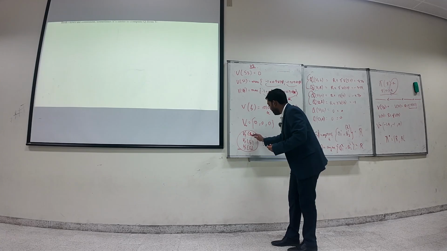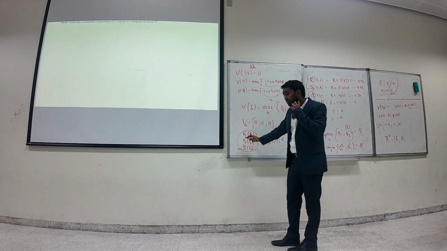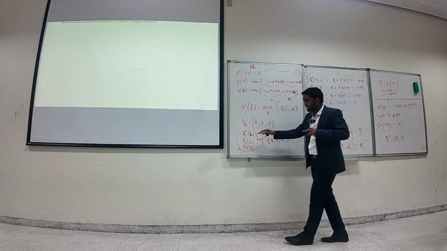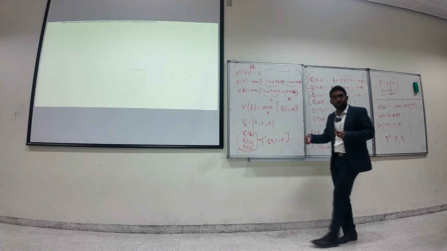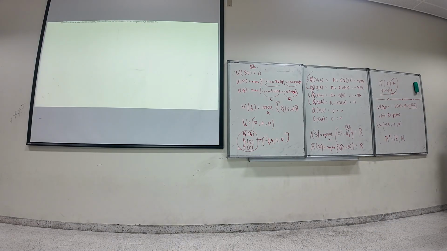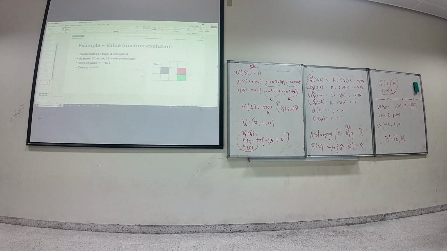V1 of S3. V1 is the value function after the first iteration. This is V0, which we assume is 0, 0, 0. First iteration V1, second V2, and it goes on till we get V star. When we get V star, we take pi star from it. So clear this problem?